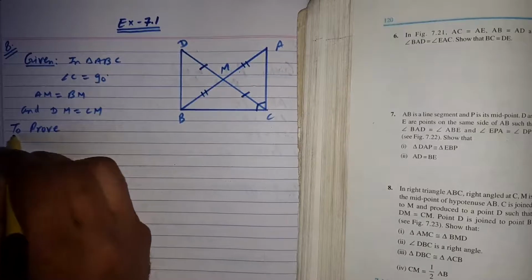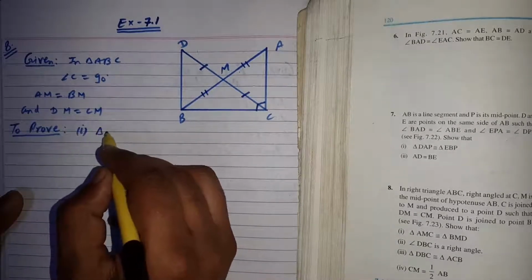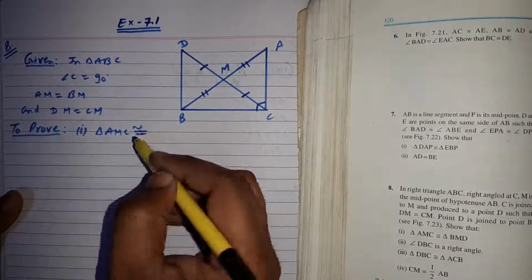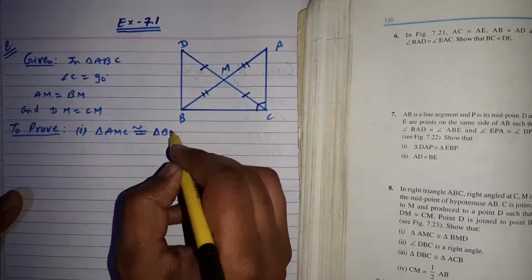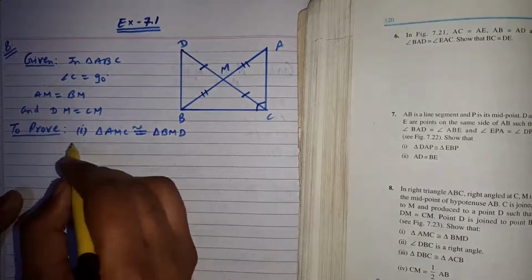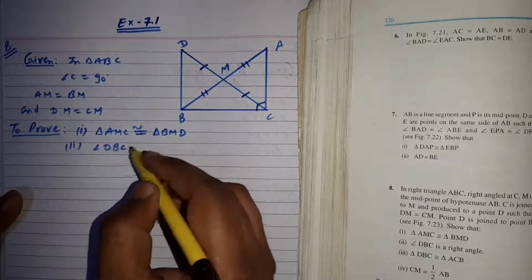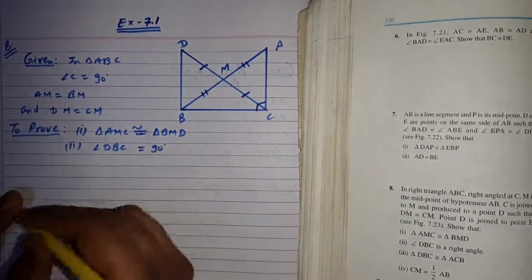prove the first part, triangle AMC is congruent to triangle BMD. Second part, angle DBC is a right angle, it means 90 degree.